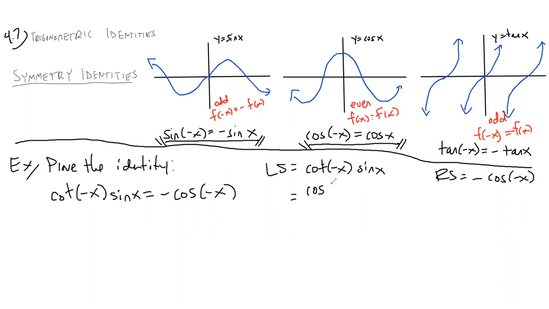So that is going to become cos of the same inside, negative x, over sine of negative x, times sine x. And the next thing I'm going to do is use symmetry to clean all of these up. So I'm going to use symmetry on cos negative x, sine negative x, and cos negative x.